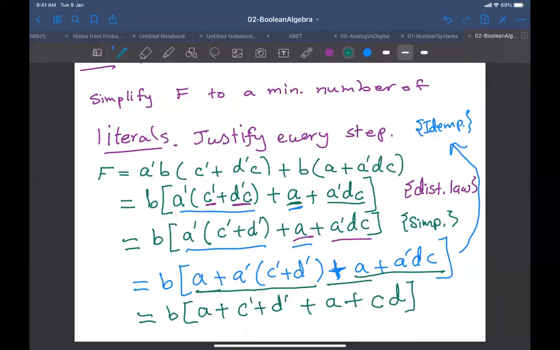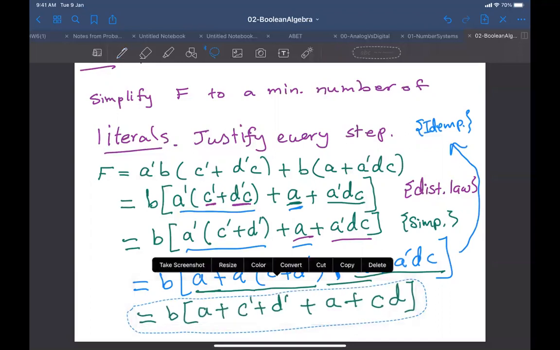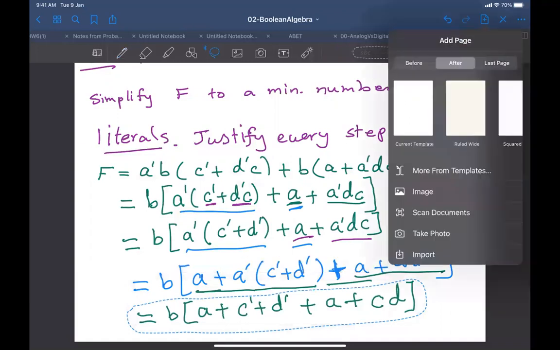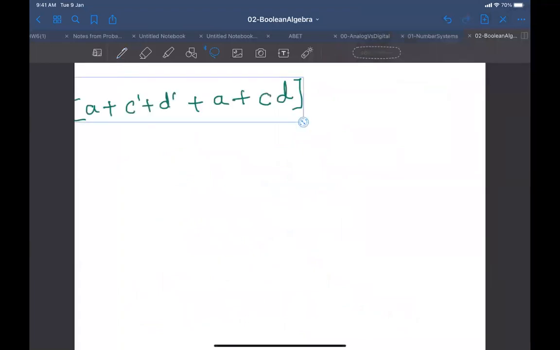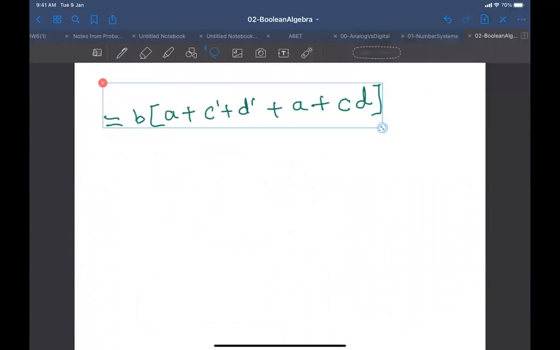Now, let me just copy this to the next page. Copy, and then paste. So this is what we reached so far. What is the justification here? Simplification.